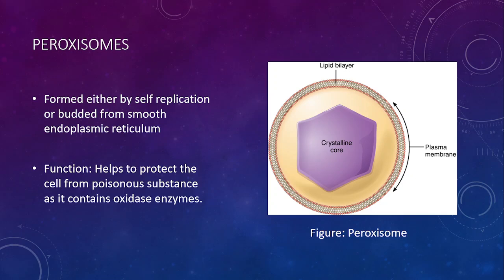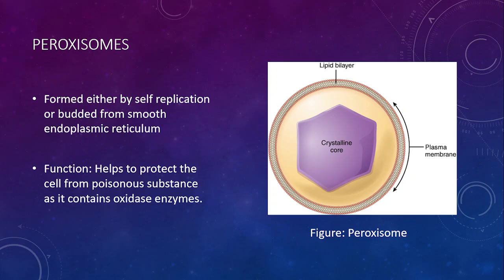There's a common question that may be asked: what is the difference between the lysosome and peroxisome? So the first difference is lysosome is made from Golgi apparatus, and peroxisome is a structure which is formed from the self-replication or budding of smooth endoplasmic reticulum.